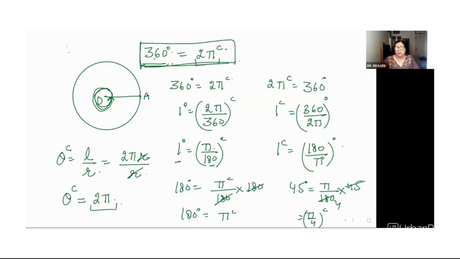Another thing we need to learn is that when we are talking about angles in degrees, sometimes that angle is not exactly a complete degree measurement. It has some subparts also. Like when we talk about time, we don't always get time in hours.